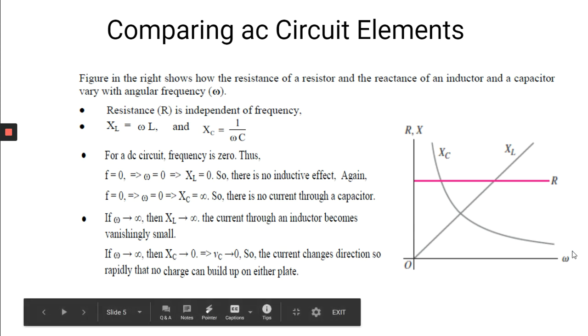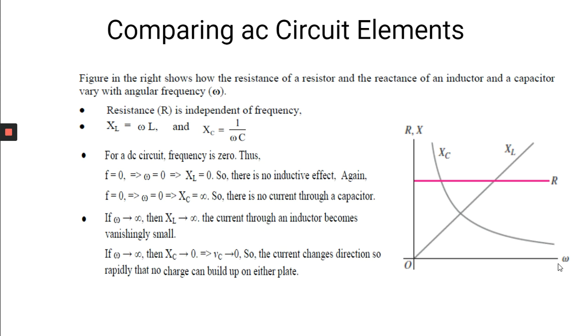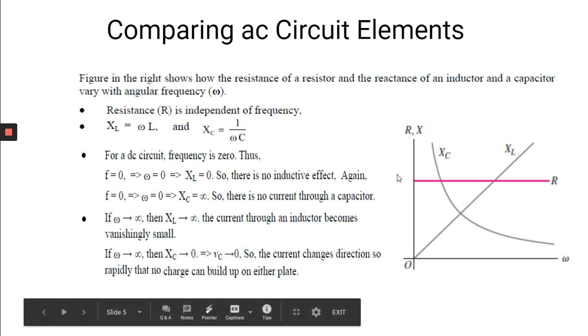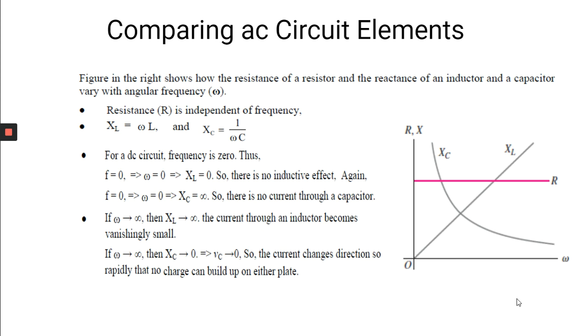Omega is the angular frequency. As all are connected to an AC source, this omega is the frequency of that AC source.